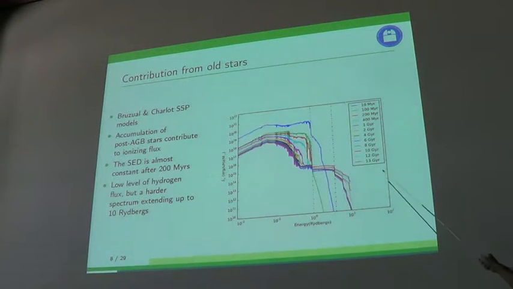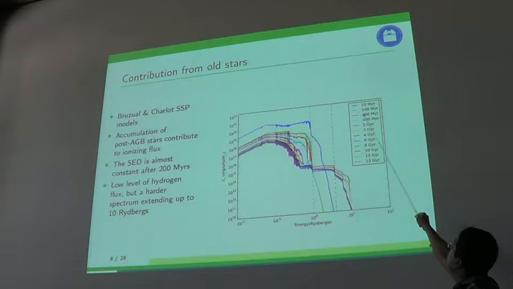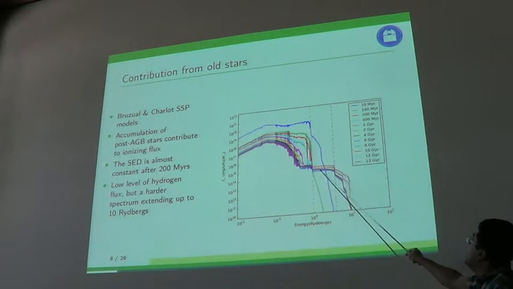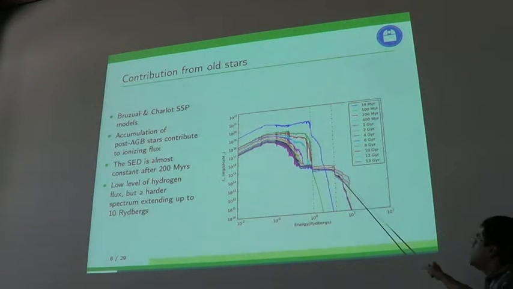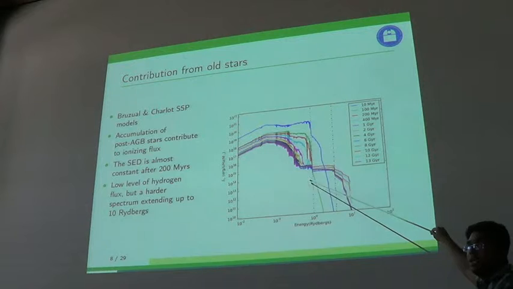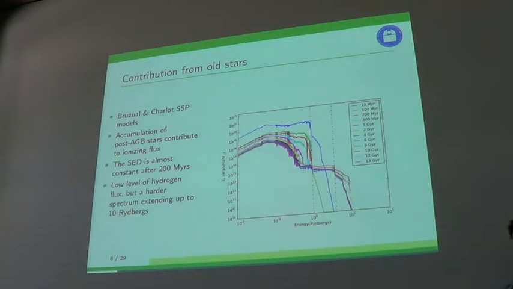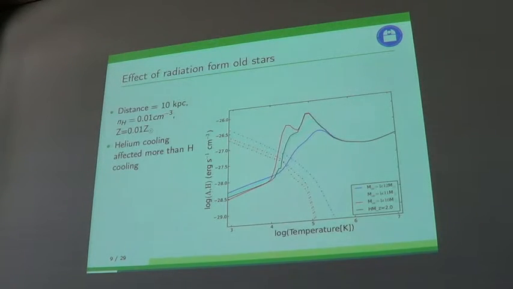You can see that once you go above about 200 megayears or so, the emission from this old stellar population becomes harder. Your luminosity at the hydrogen flux decreases, but your emission becomes harder. This is mainly due to the post-AGB stars, which was also discussed in the morning.